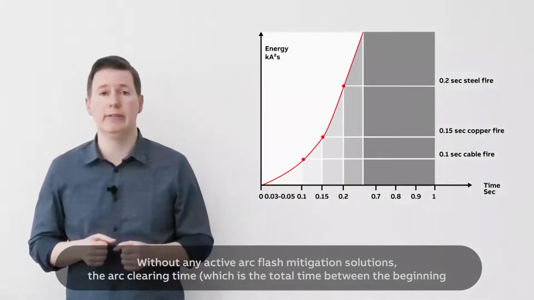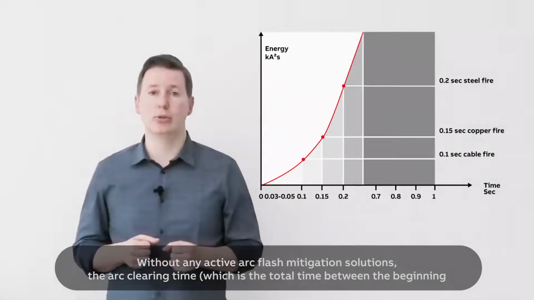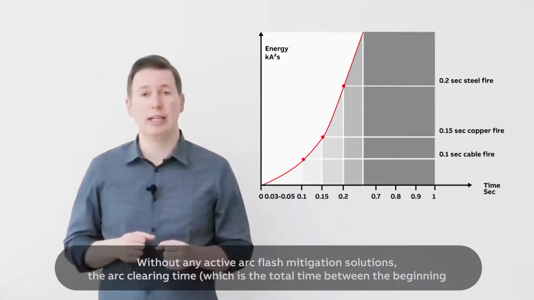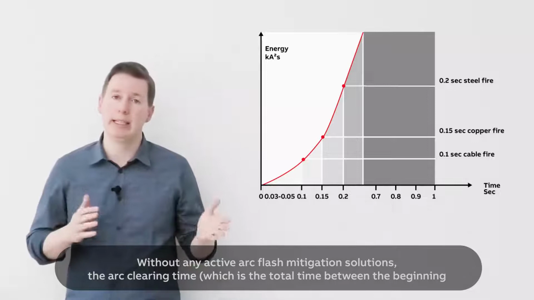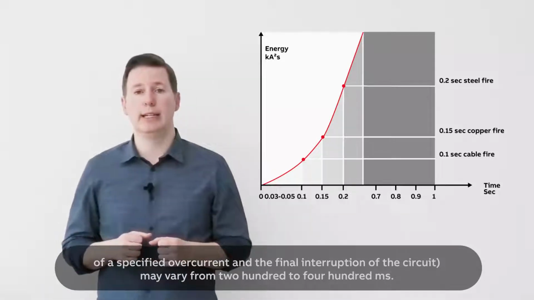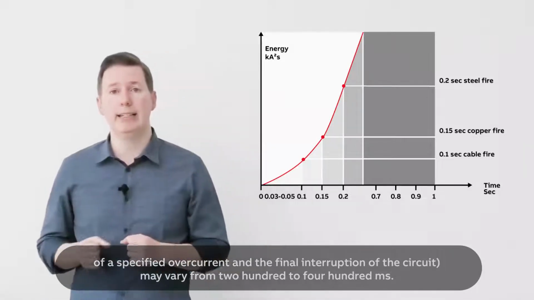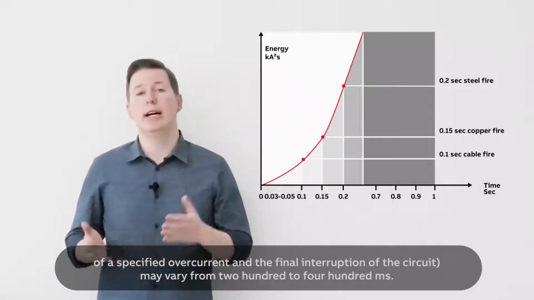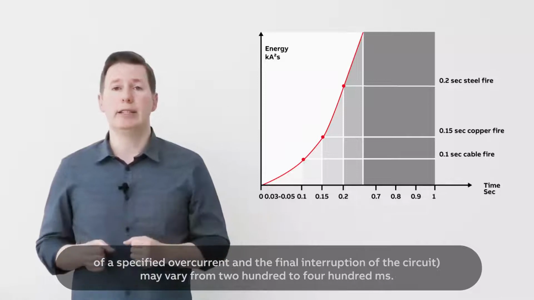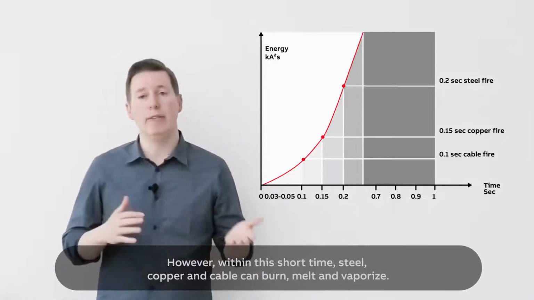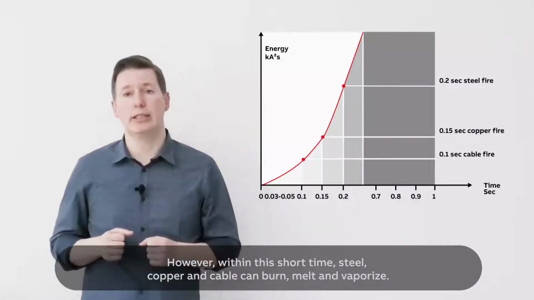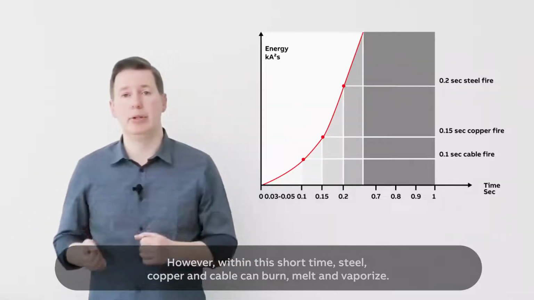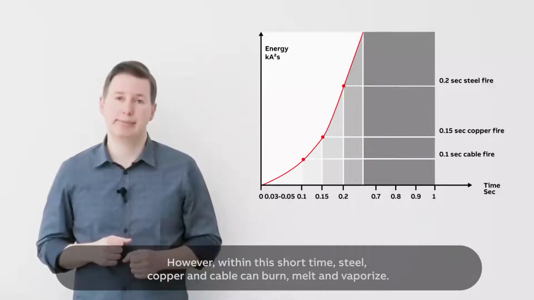Without any active arc flash mitigation solutions, the arc clearing time, which is the total time between the beginning of a specified overcurrent and the final interruption of the circuit, may vary from 200 to 400 milliseconds. However, within this short time, still copper and cable can burn, melt and vaporize.